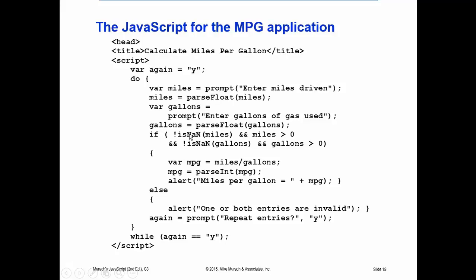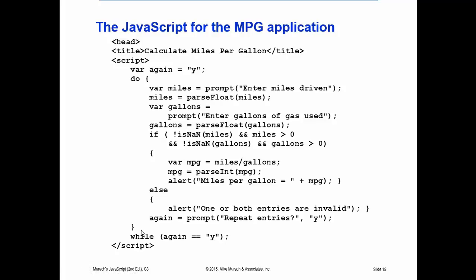But we're saying here, if you put in a number and the miles is greater than 0, and you put in a number for gallons and it's greater than 0, then do it. Otherwise, one or both entries are invalid. And notice this whole thing is inside of a do while loop, which is going to allow you to repeat the program as many times as you would like to repeat it.